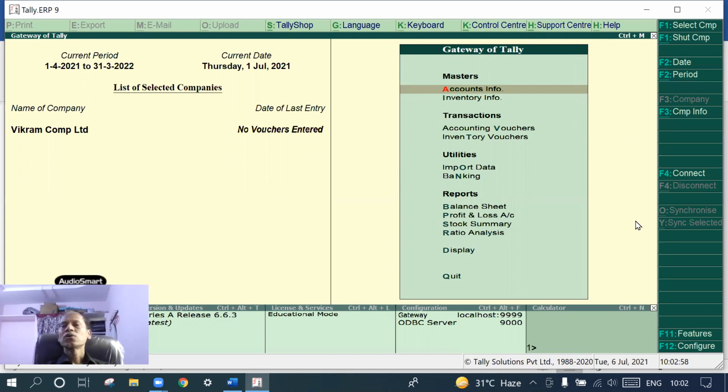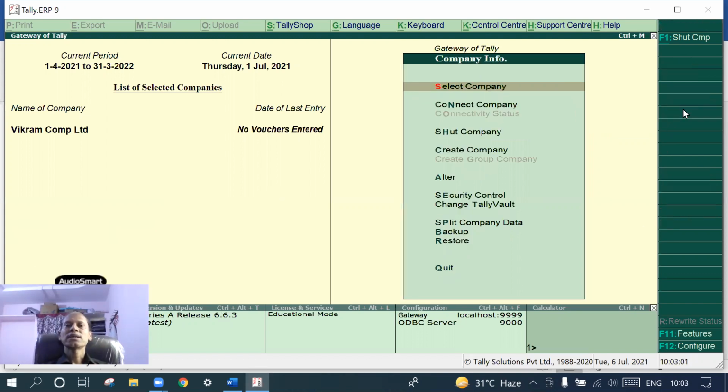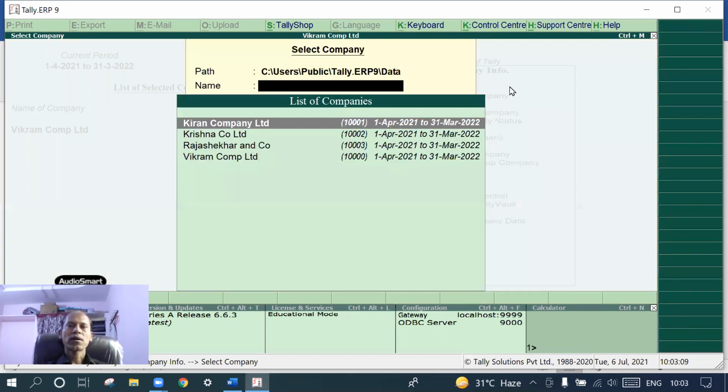For the creation of the company, F3. Select company. If we click on this, we can see the companies which were created earlier. Earlier 4 companies were created: Kiran Company Limited, Krishna Company Limited, Rajshekar and Company Limited, Vikram and Company Limited.